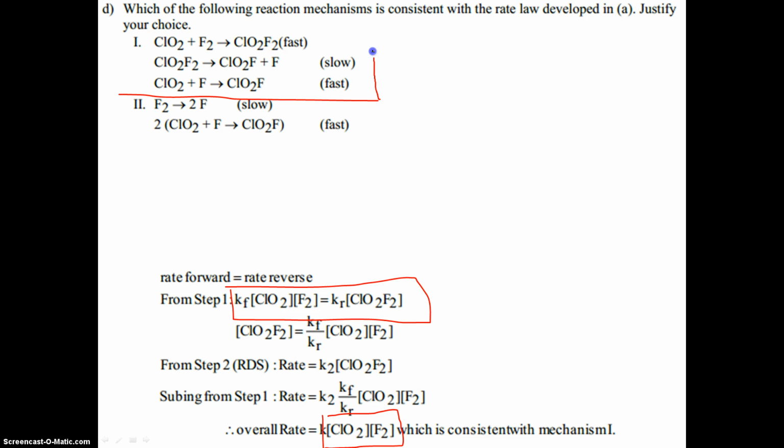So we're seeing that this one is the correct one right here. And the reason that we can use that is because it fits pretty much when you do the math. This one here wouldn't work because you only have one reactant, and your overall rate has to have 2 reactants because that's what we figured out.